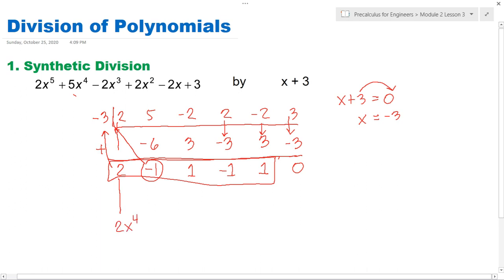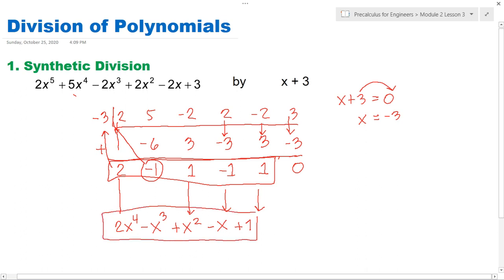The second coefficient is negative 1, so we have negative x cubed. The third coefficient is 1, so you have positive x squared. The fourth coefficient is negative 1, so you have negative x. And the fifth coefficient is 1, so just the constant 1. Therefore, this will be our final answer for synthetic division.